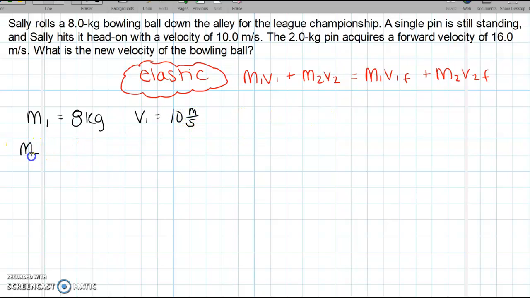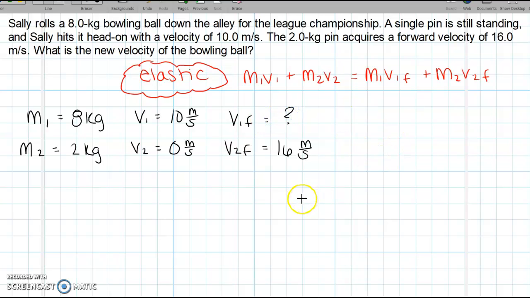And our pin is 2 kilograms, and it's originally at rest, because if you've ever been bowling, you know that the pins don't move before you hit it. It acquires a forward velocity of 16 meters per second, so the final velocity of this pin is 16 meters per second, and we want to know what is the new velocity of the bowling ball, or what is the final velocity of the bowling ball.